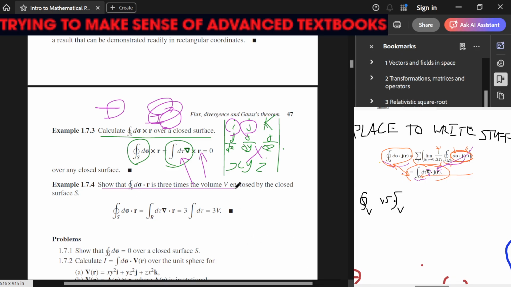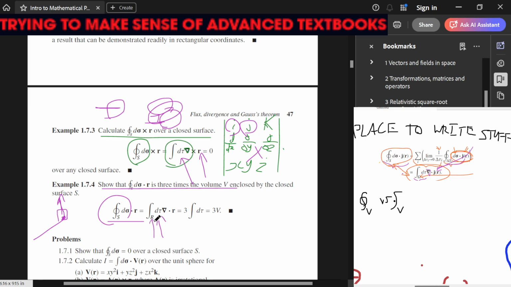Show that this is 3 times the volume. Show that for a closed surface, r dot r... So the area element and r, the dot product of those two is 3 times the volume V enclosed by the closed surface S. So we turn this into this.